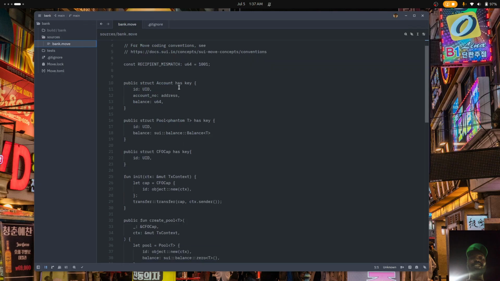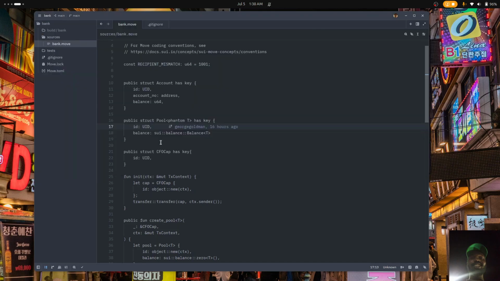There are some structs that we've declared earlier. We'll have the account struct and the pool struct. This account is your on-chain bank presence, which is a bank account. This pool, pondering through the whole architecture, should have a name.